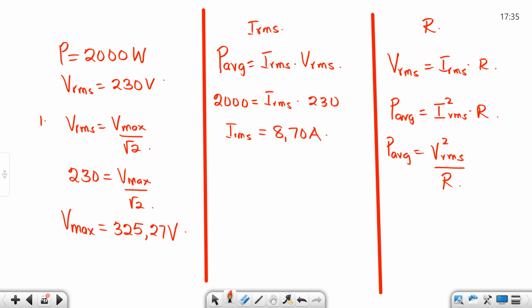Quickly, let's use the first one. What's our VRMS? What is 230 divided by 8,70? Done. Can you see 9 marks?